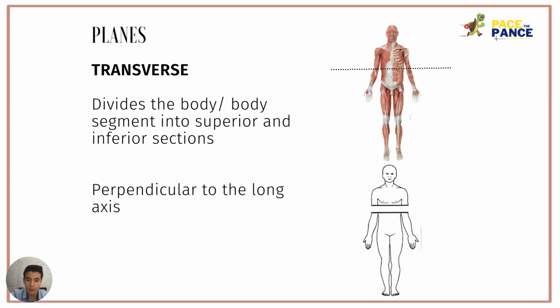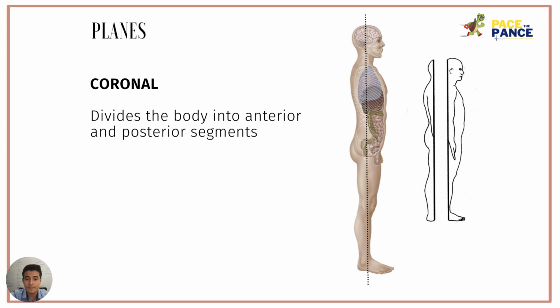So the femur is running up and down, and we're going to do a cross section right through that. However, with your foot, think about the different perpendicular orientation it has to, let's say, the femur or the tibia. So your transverse plane would be a little bit different too. If you have questions on that, you can reach out. Coronal plane, like we talked about, is moving from front to back or back to front.